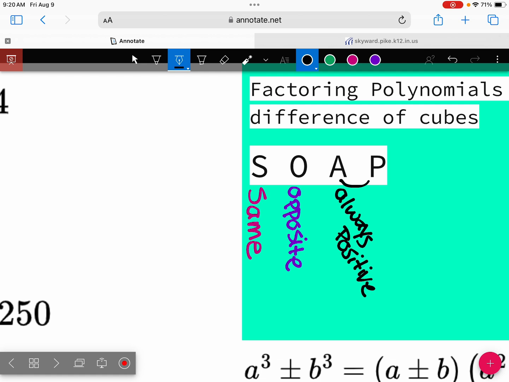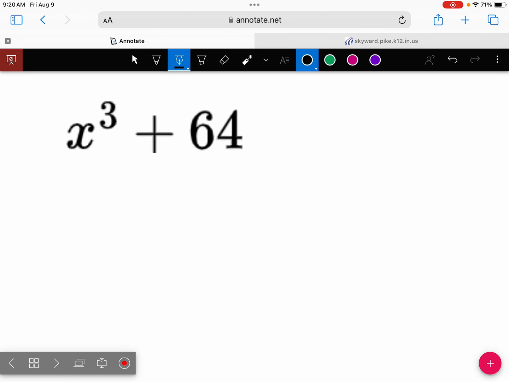So we're going to set it up the exact same way we did with the perfect squares, where I put them in parentheses on their own with the exponent. With this first one, I know this is x that's been cubed, easy peasy. What has been cubed to make 64? 4.